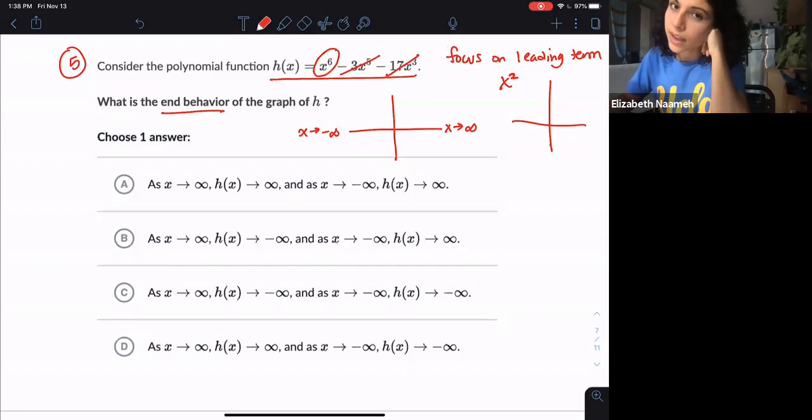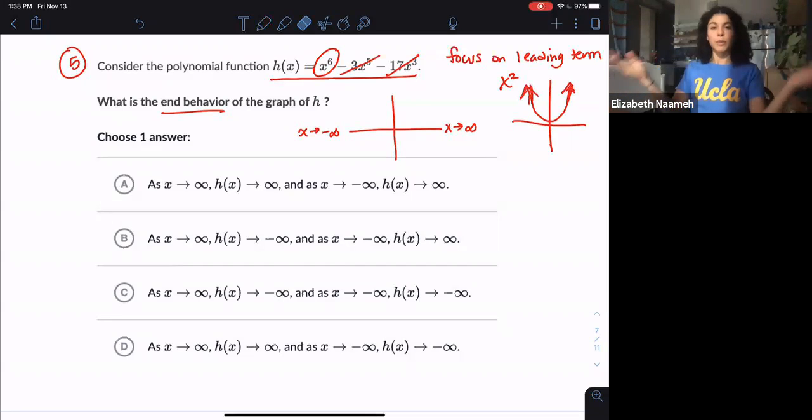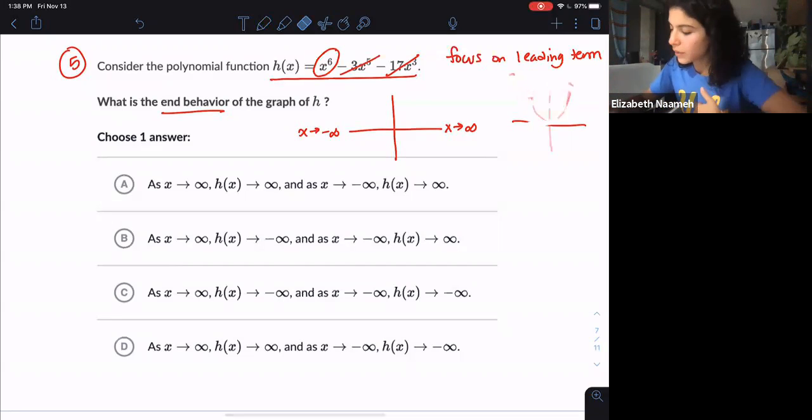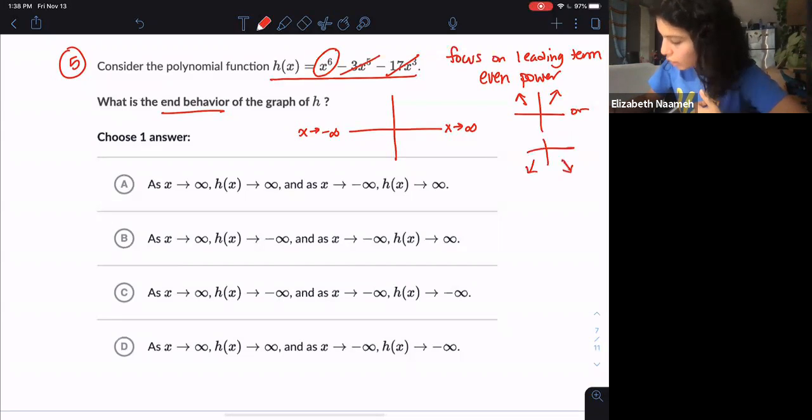Well, we know x squared is a parabola, and both ends are going to open in the same direction. That's something that you should remember. If you have an even power, then the ends of the graph will either both open up or they will both open down.